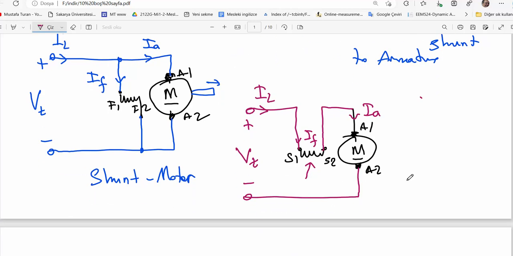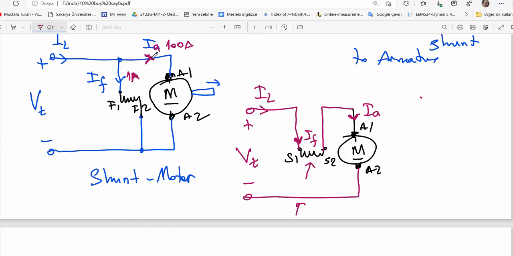Is it always possible? No. This one has a special design. The field coil can carry the armature coil current. The armature is the place where energy conversion occurs, so this current is generally large. Let's say that is 100 amps, and let's say that is 1 amp.